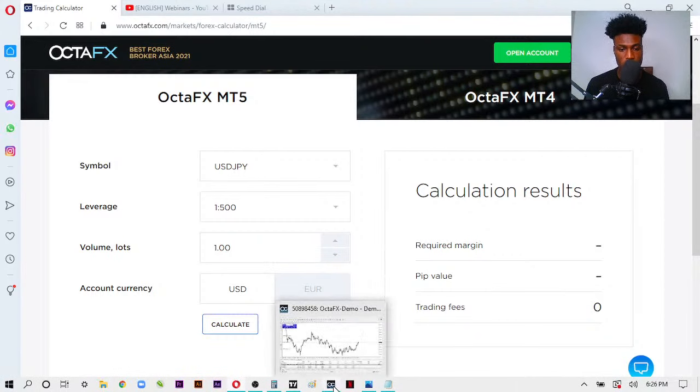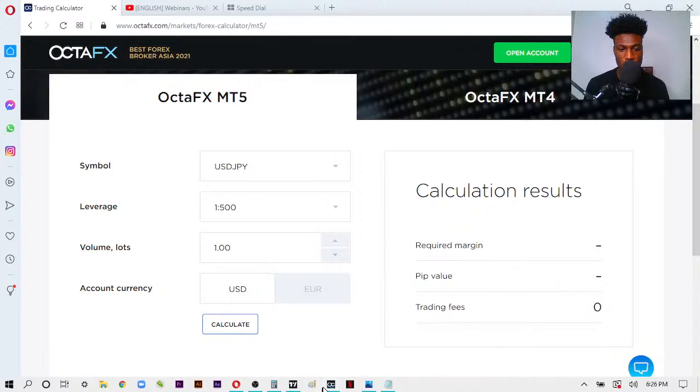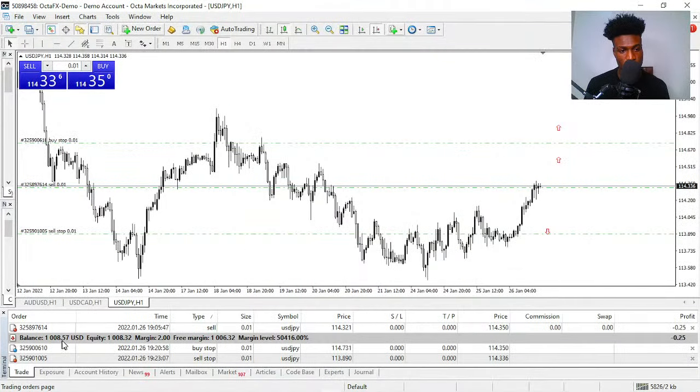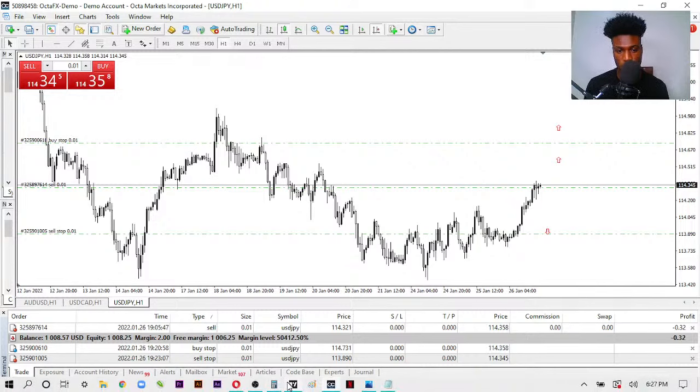So remember, the example we are using is a $1,000 account, right? And we are trading USD JPY to give the examples on buy stop and sell stop and pending order.